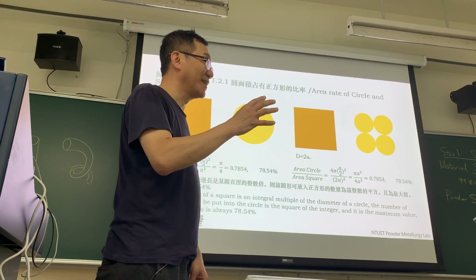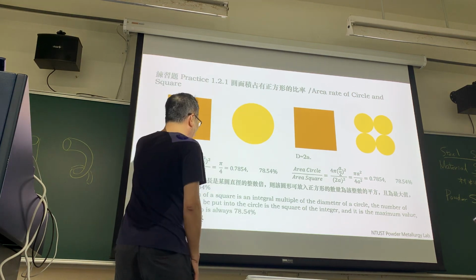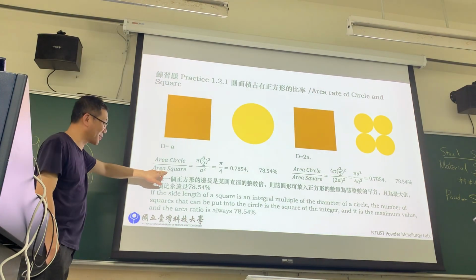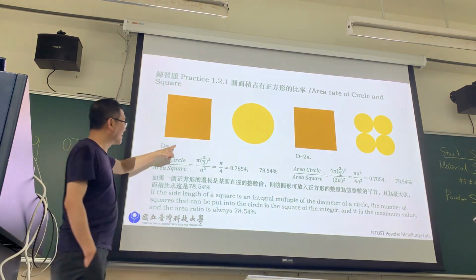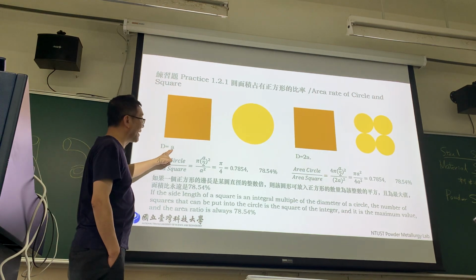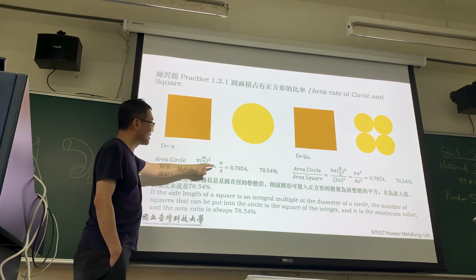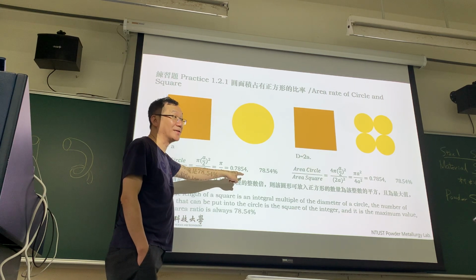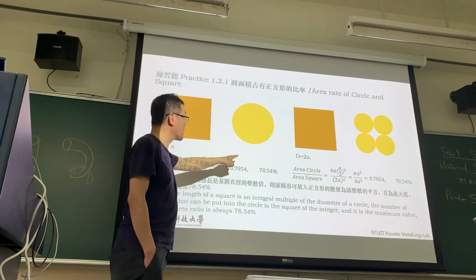What is the property of the area of the circle in a square? So D equals A. Inside, that's only 78.54%. Okay, this is 1A.